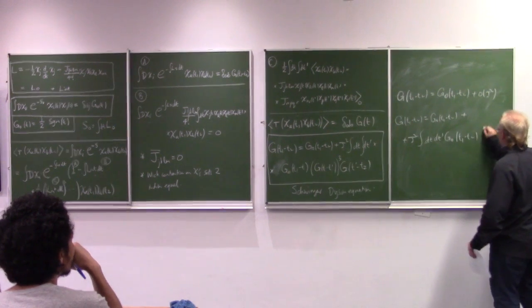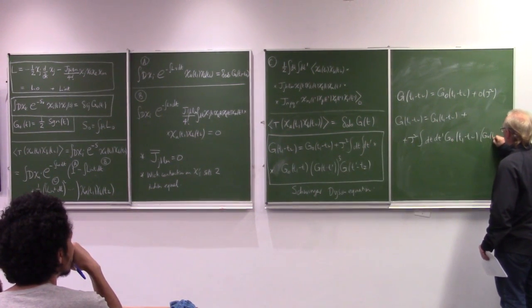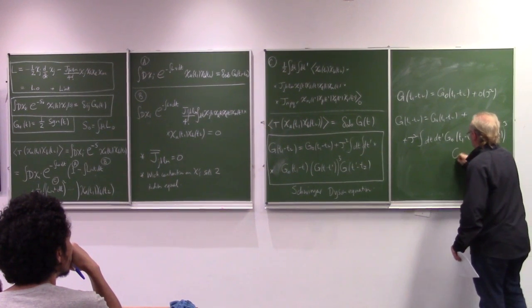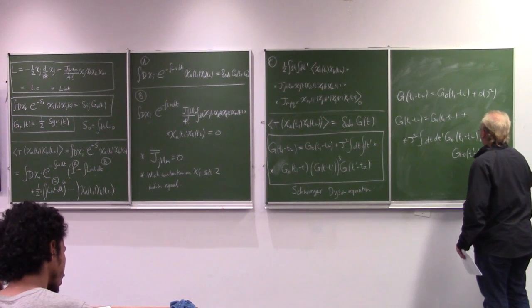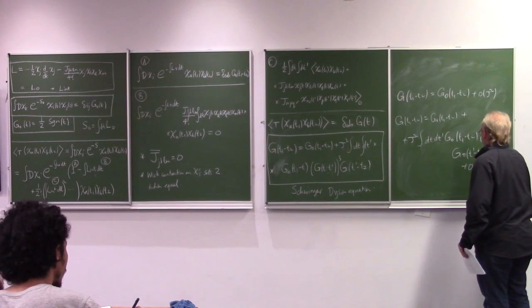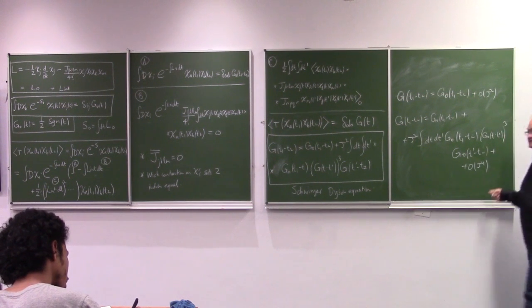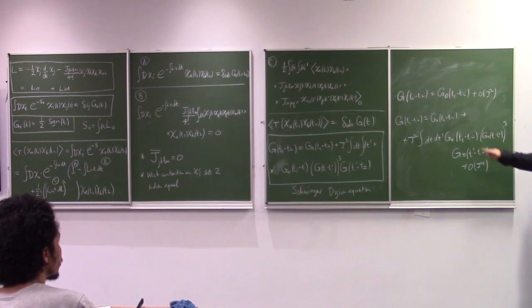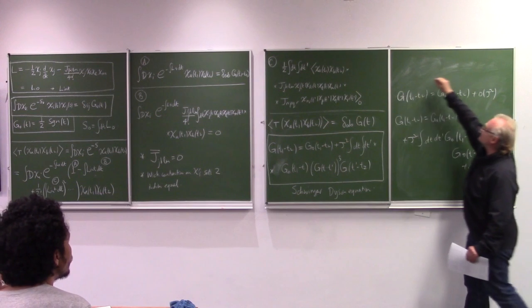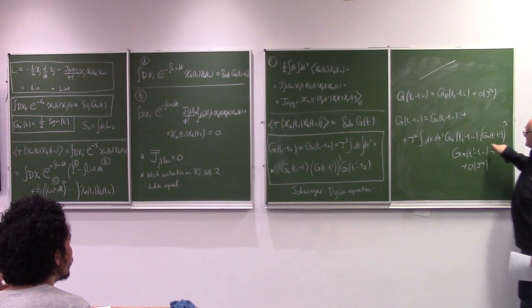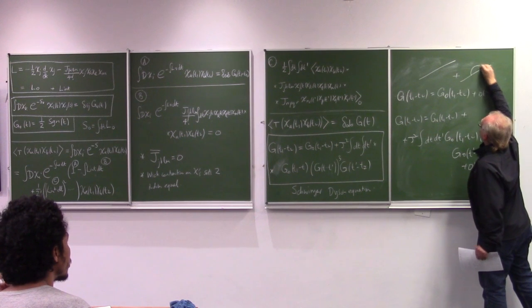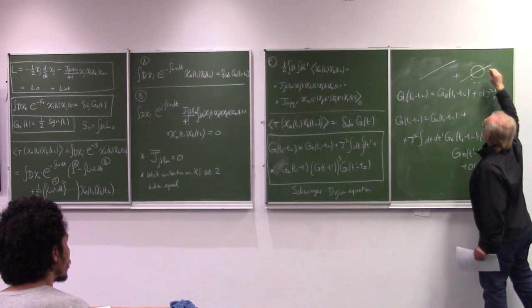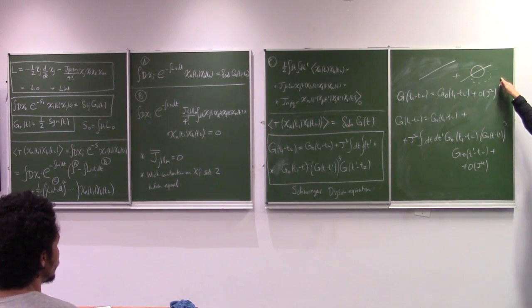So now I'll get G naught of t minus t prime cubed, G naught of t prime minus t, plus order j to the 4. Now what does this look like? That is just that. This second diagram is exactly what we were finding from calculating that diagram.